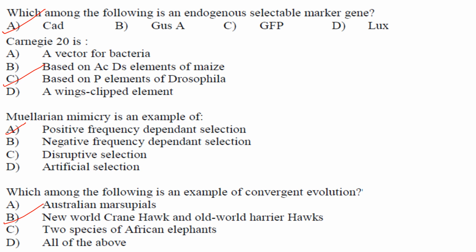So the New World crane hawk is found in Central and South America, whereas Old World harrier hawks are found in Africa. That means they are from different continents, they are different families also, but they both have legs that bend forward and backward. So this is an example of convergent evolution. Answer is option B.